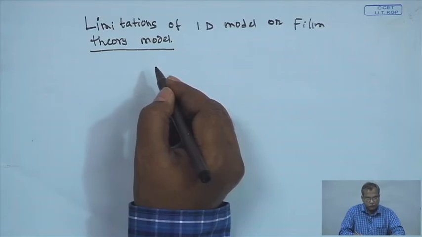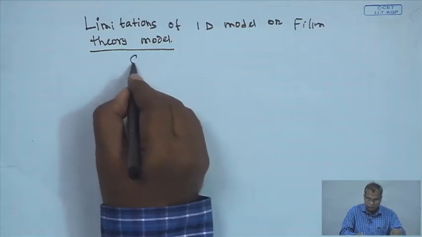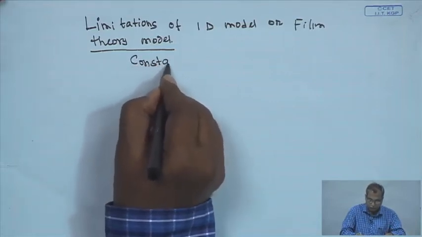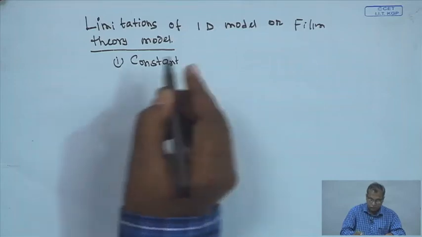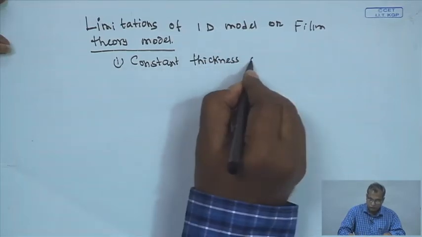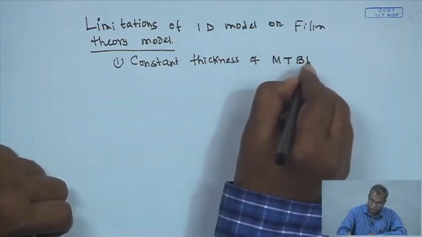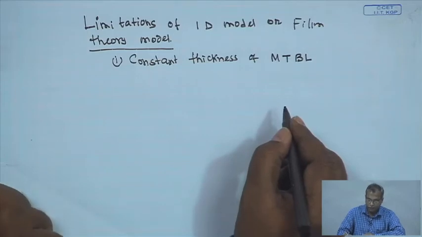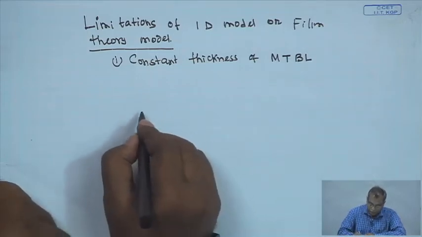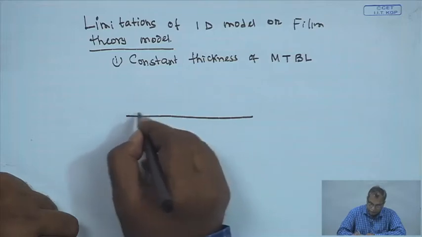So, the first major limitation of the one dimensional model is the constant thickness of the mass transfer boundary layer.